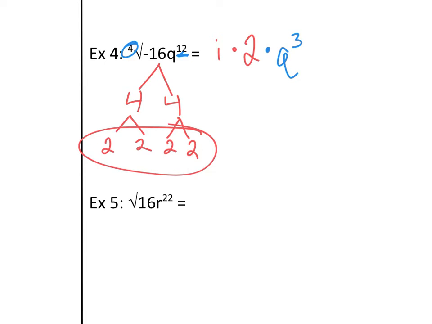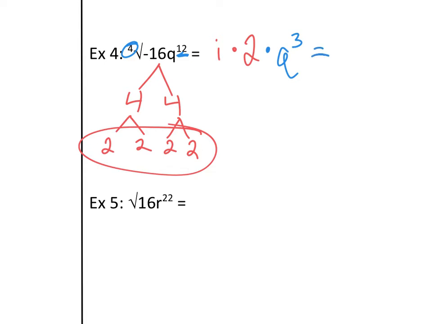Okay? So that's a little secret because, hint, hint, on the next one, it would be really treacherous to write out 22 r's, right? Nobody wants to do that. So if we just divide our exponent by our index, it gives us what we need.